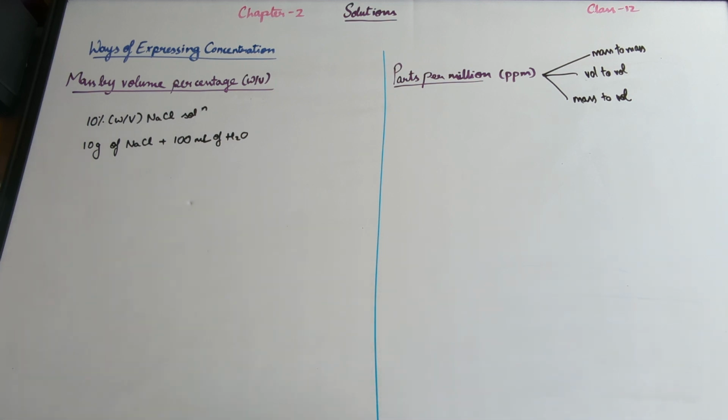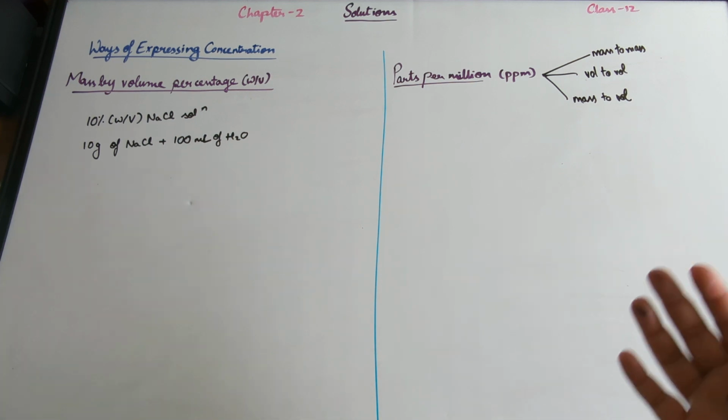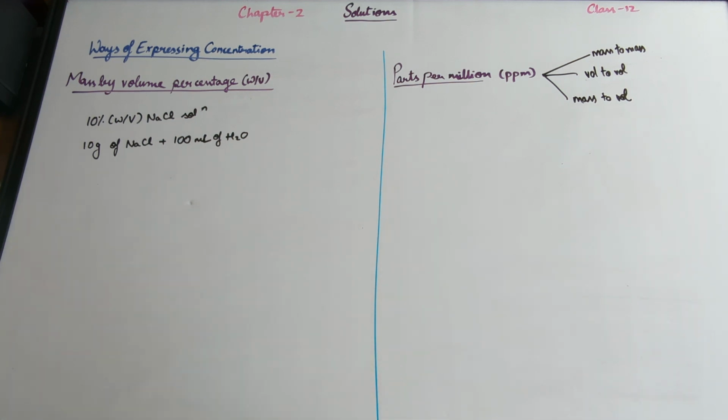Let's take an example of a solution which contains two components, the solute and the solvent, and it's a particular volume of that particular solute, and that volume is very, very low.